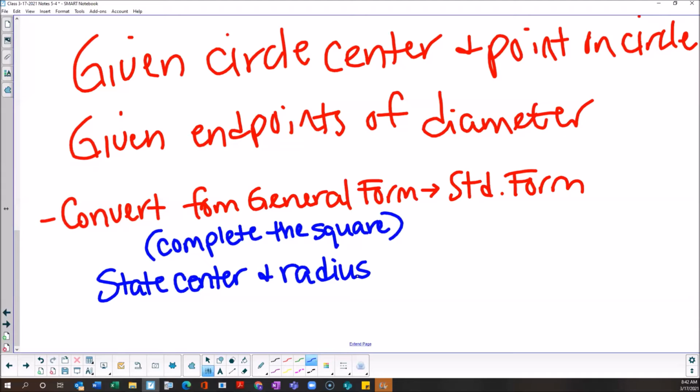Okay. So it's a lot. It's a lot of algebra stuff that we're doing. Really, that's mostly what it is. Okay, so then today what we're going to do is find equations of lines that are tangent to a circle. A little bit.